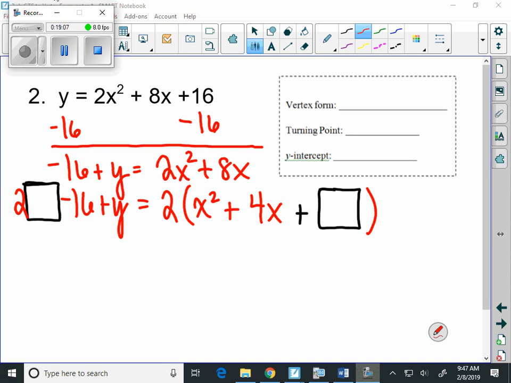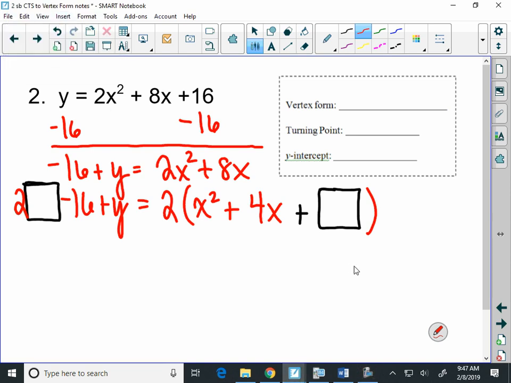So now, let's figure out what goes in the box. Same way. 4 from the 4x divided by 2 is 2 squared. So we're going to put a 4 here. If we put a 4 on the right side, we need to put a 4 in our box over here on the left. But remember, that 4 needs to be multiplied by 2.